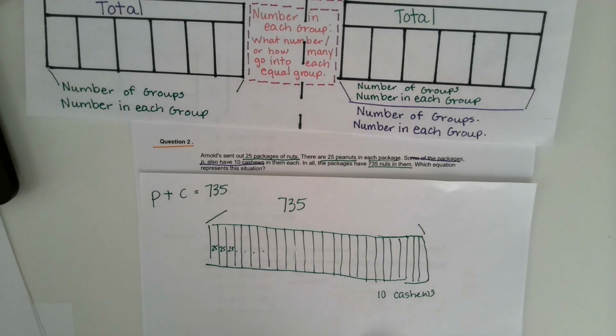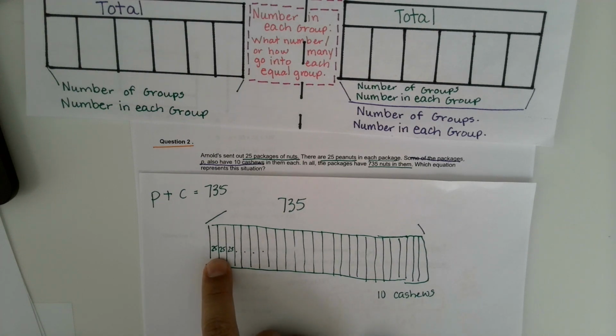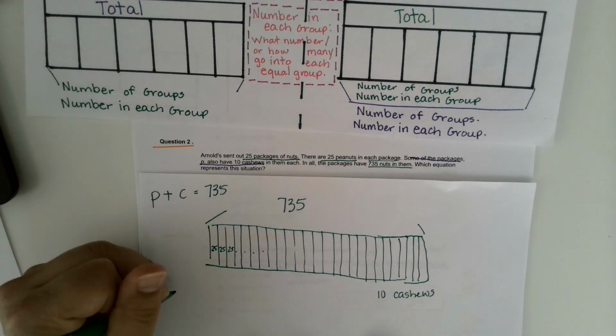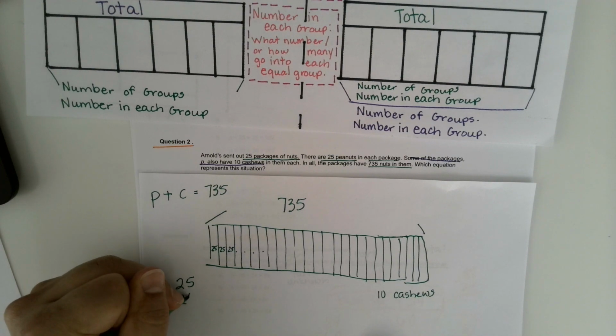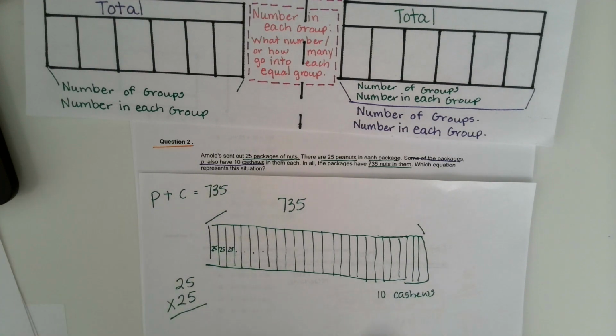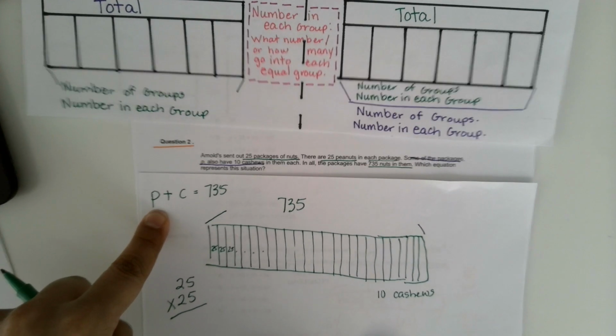With the information I have, what type of problem or number sentence can I come up with? Well, if I look here, I know I can definitely figure out how many peanuts I have, right? There are 25 packages in total, and in each package I have 25 peanuts. So the very first thing I can figure out is how many peanuts I have.